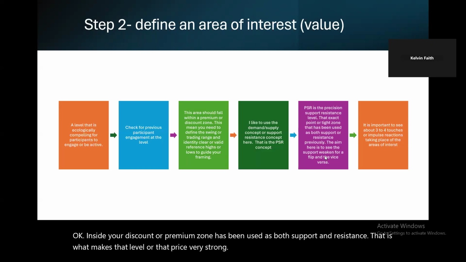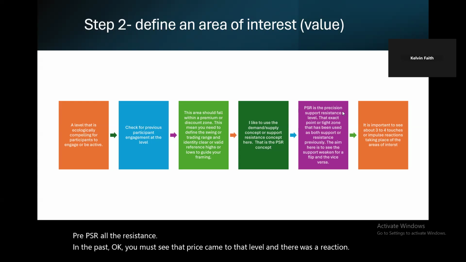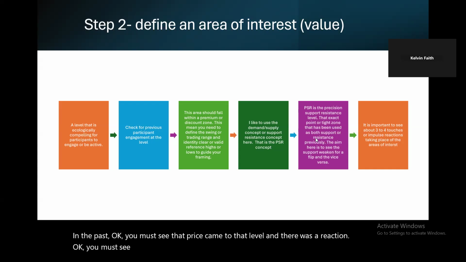And you should at least have 3 to 4 touches from the PSR in the past. You must see that price came to that level and there was a reaction, about 3 to 4 times. Minimum 3 times is okay.